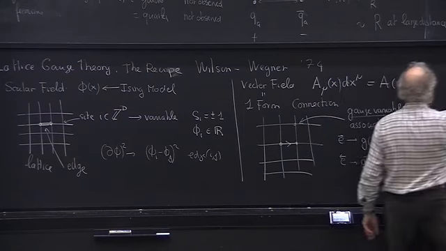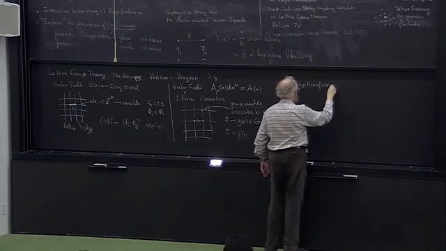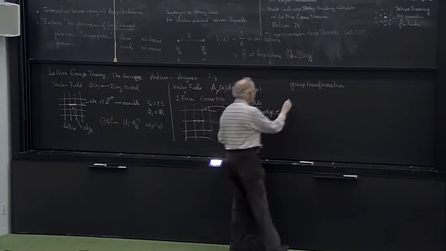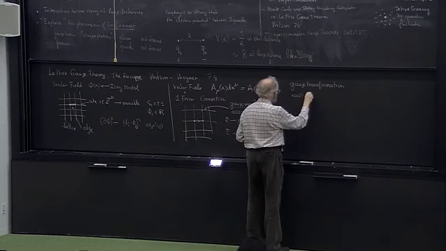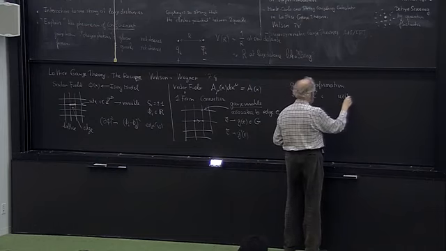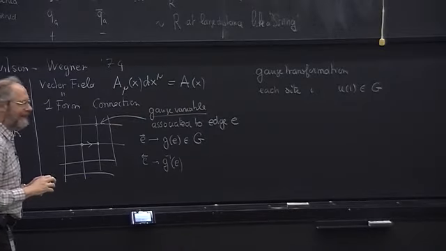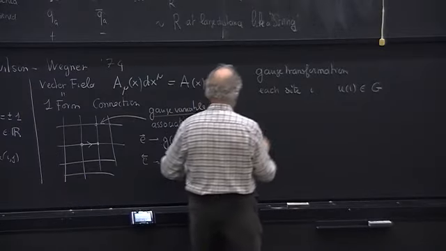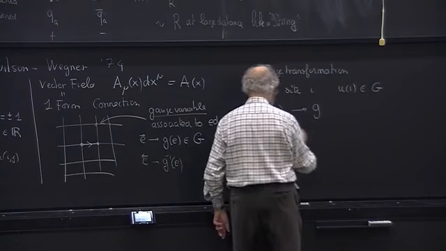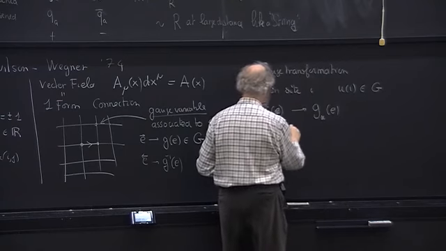And now a gauge transformation. A gauge transformation means that I associate to each site I an element of the group, let's call it U of I. It also belongs to the group G. And going from a gauge configuration G of E to G U of E, this is a local gauge transformation.